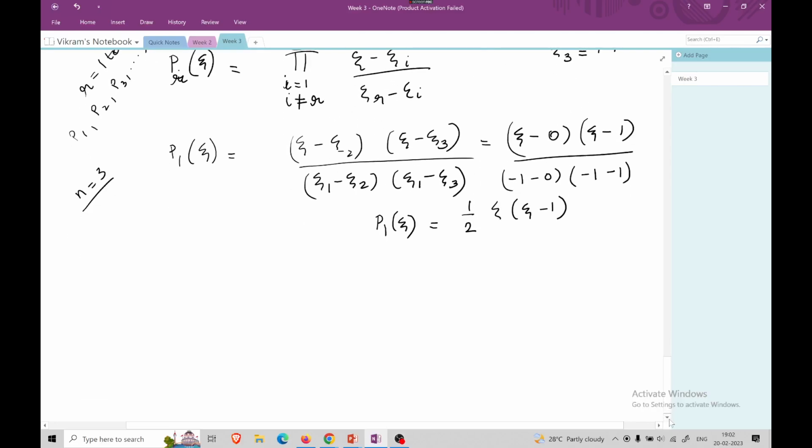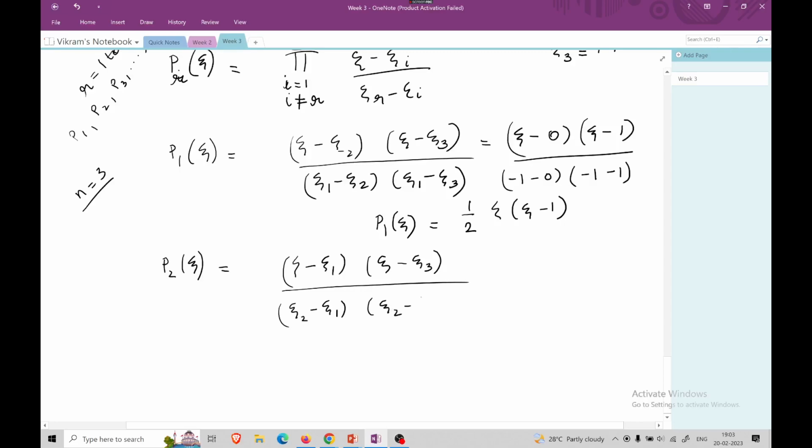Is it okay? Yes. Okay, so p1, again I am going to calculate p2. P2 means I am going to avoid 2, so eta minus eta 1 and eta minus eta 3. Here I am going to have 2, eta 2 minus eta 1 into eta 2 minus eta 3.